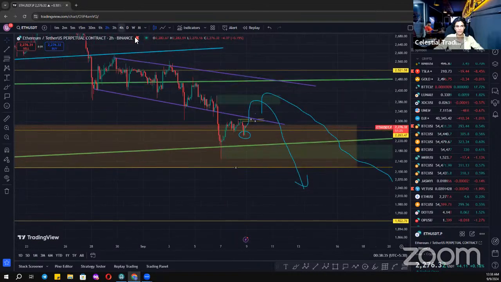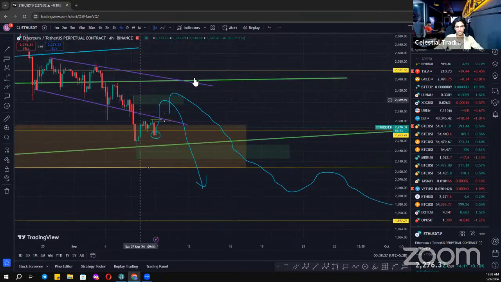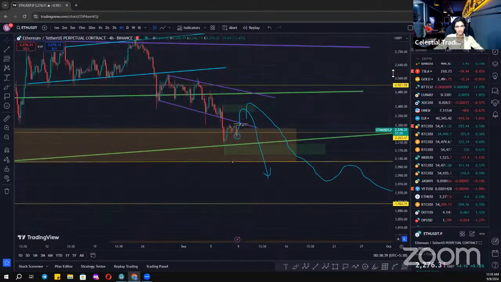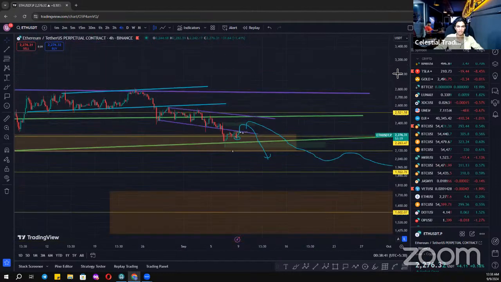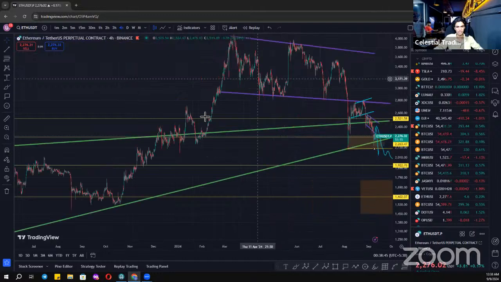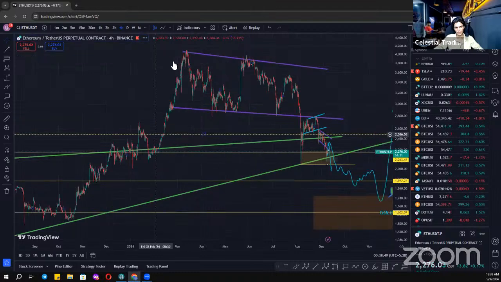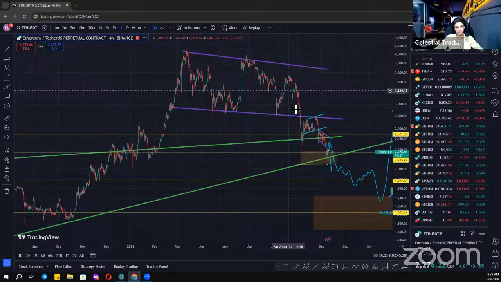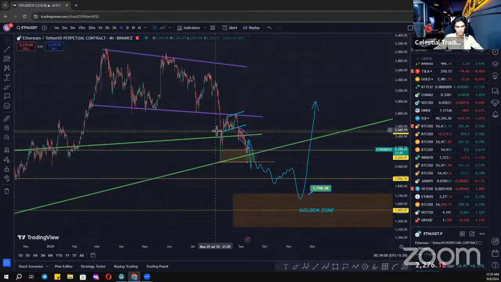We'll go for an overview. We see Ethereum had made a very big rising wedge, if not a symmetrical triangle, which was broken here. You can see we had another falling wedge or a bullish flag, and we had a break to the downside, and we go for a retest, and the price falls.